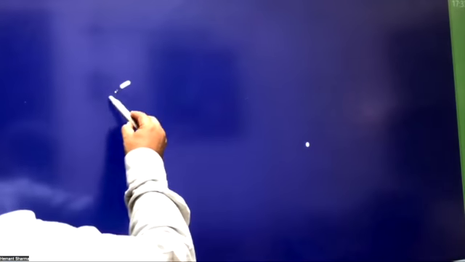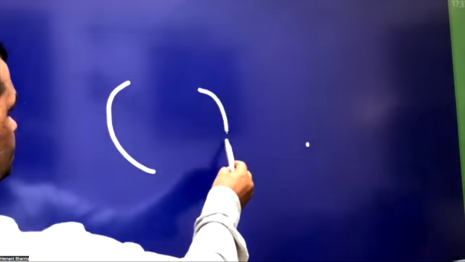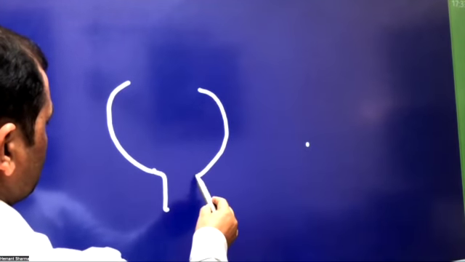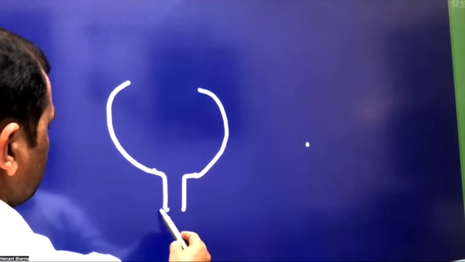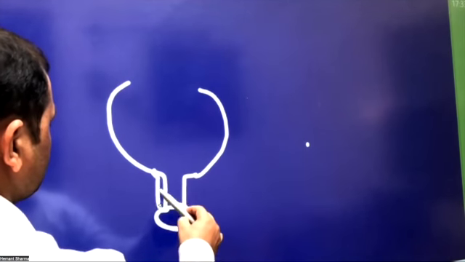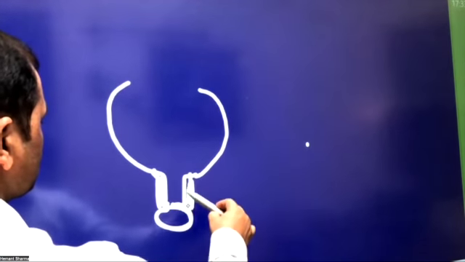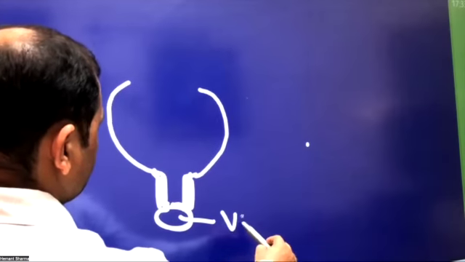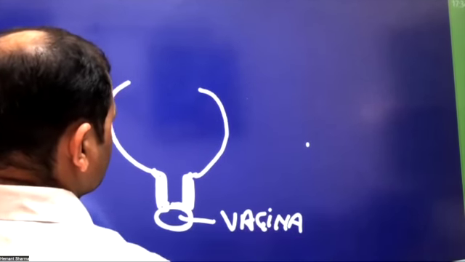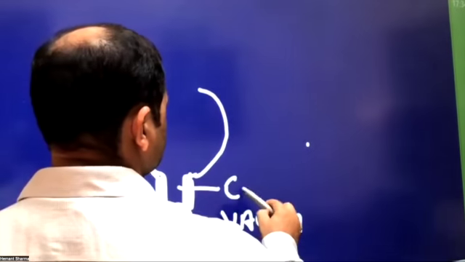So this is the uterus. This is the neck, and this is the opening, the vaginal opening, vagina. This is cervix.